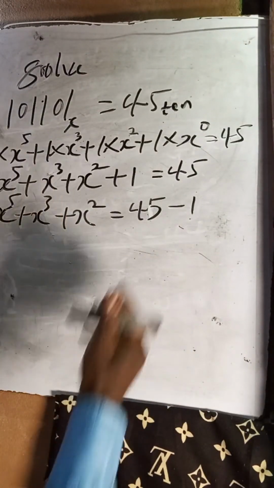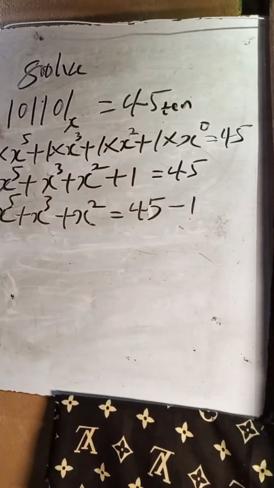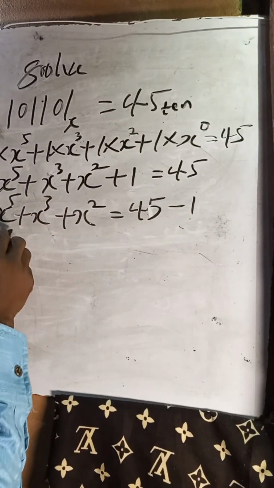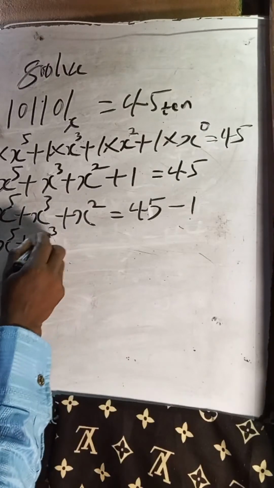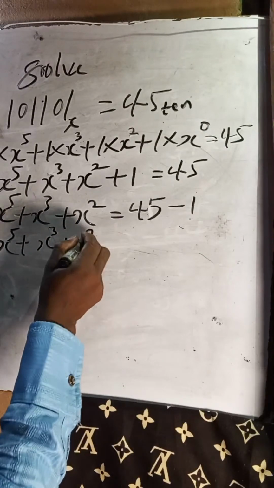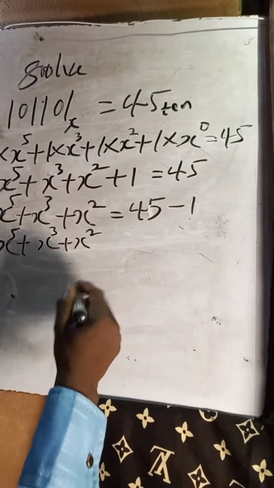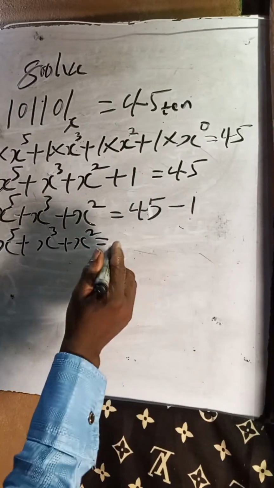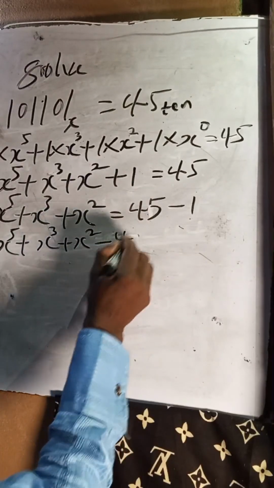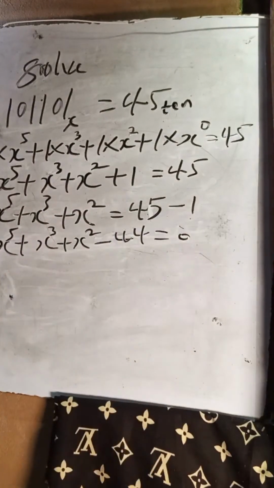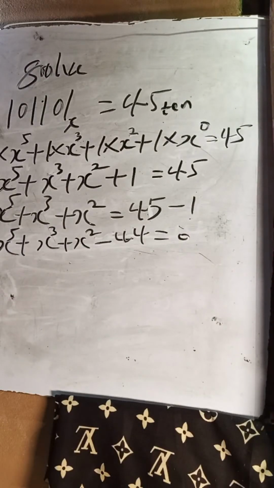Now that we got 44 here, bring everything this way to give us x raised by 5 plus x raised by 3 plus x squared. Remember, we have 44, so it will be minus 44 equal to 0.